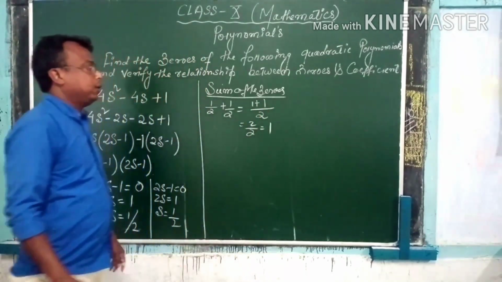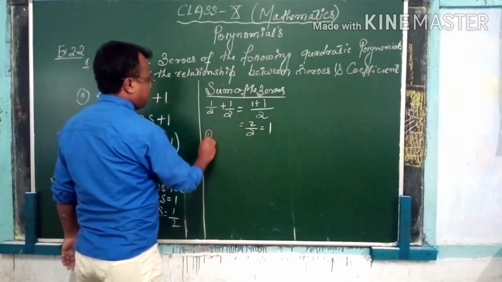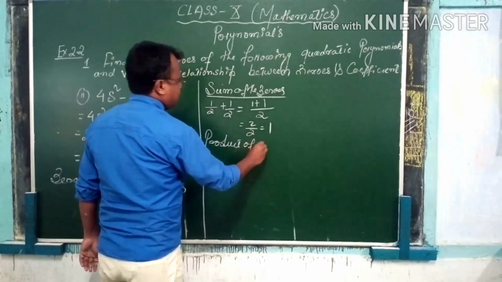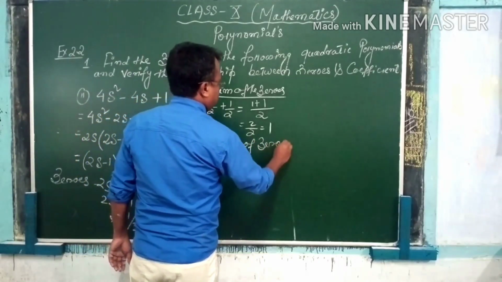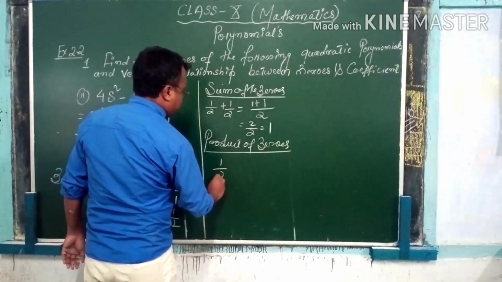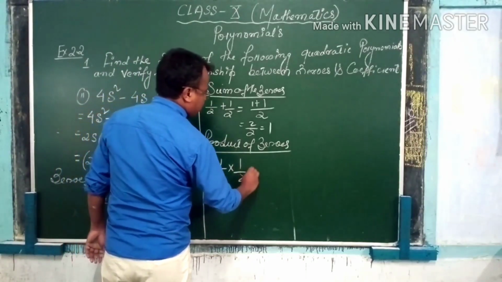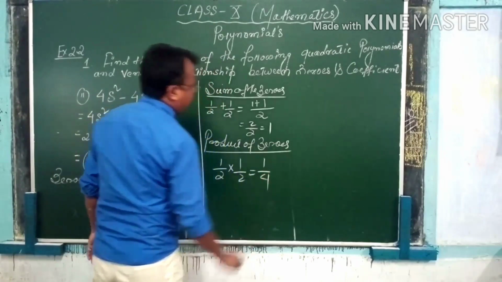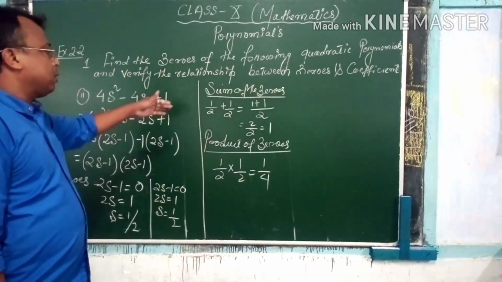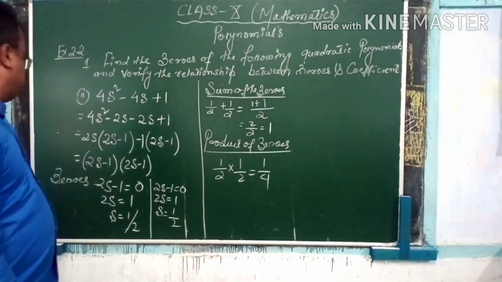Sum we got 1. Now the product of the zeros is 1 by 2 into 1 by 2, which is equal to 1 by 4. So we got the sum of the zeros as 1 and the product of the zeros as 1 by 4.